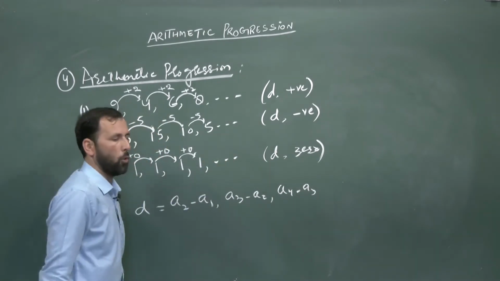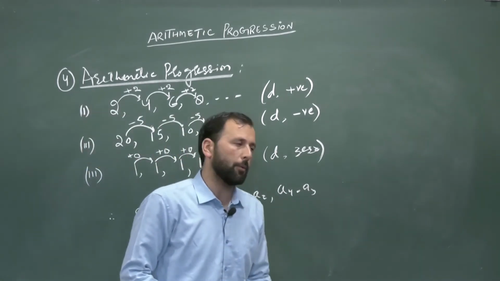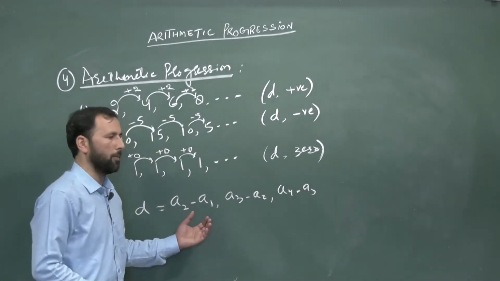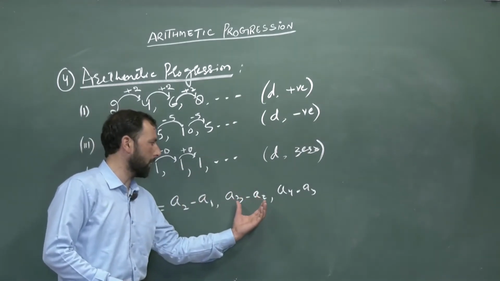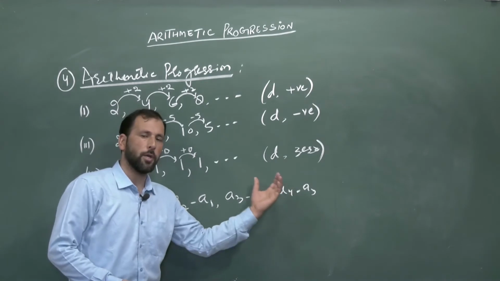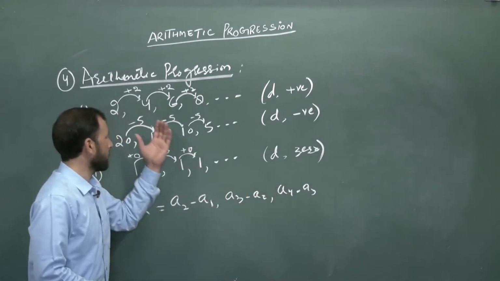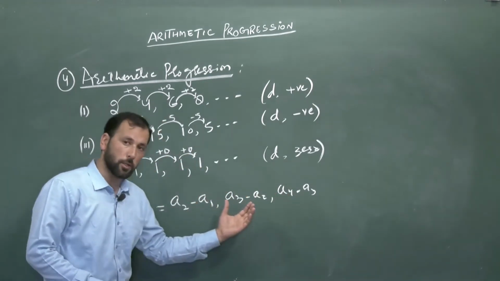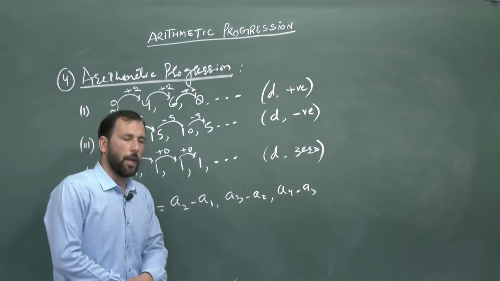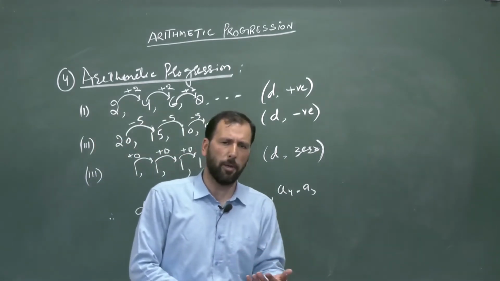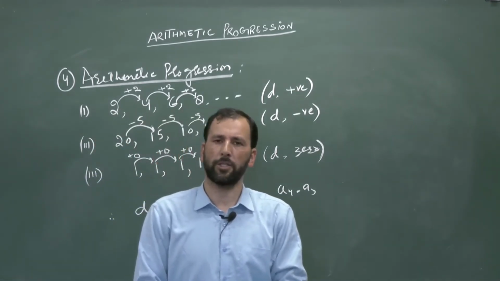It must be the same everywhere. When A2 minus A1, A3 minus A2, A4 minus A3 are the same everywhere, then the list of numbers is said to be an arithmetic progression. So D can be found by A2 minus A1, or A3 minus A2, or A4 minus A3.